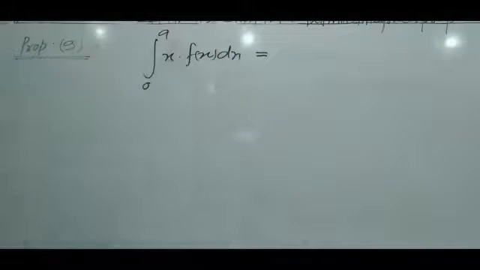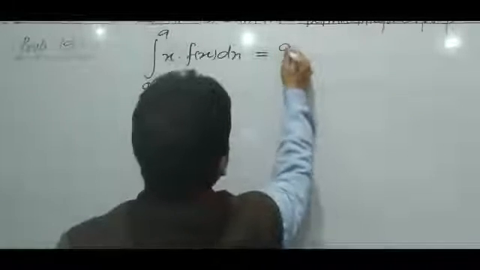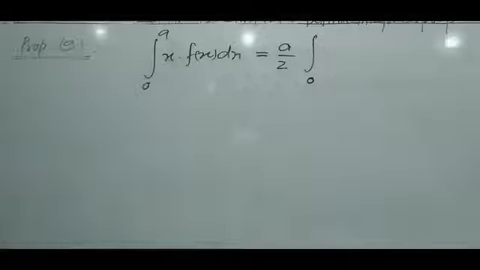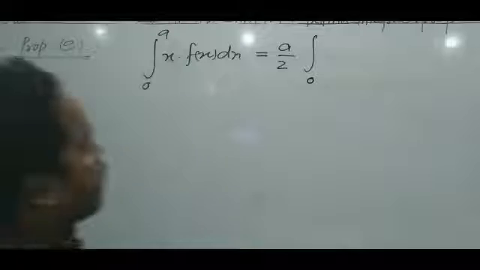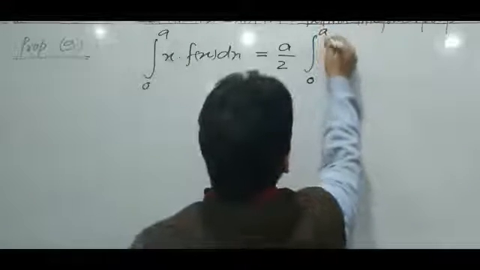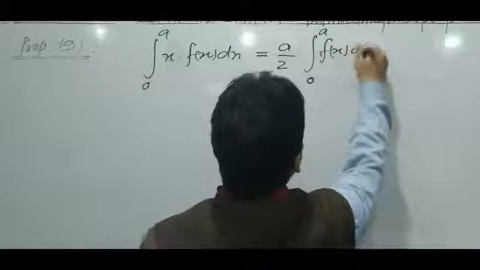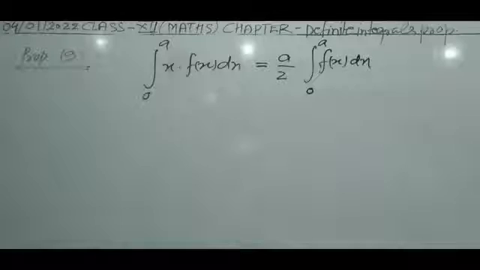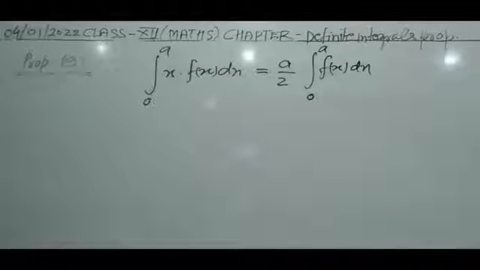So this result we can write as a by 2 times integration over 0 to a f(x) dx. So this is the result. Now you can see we have to prove.